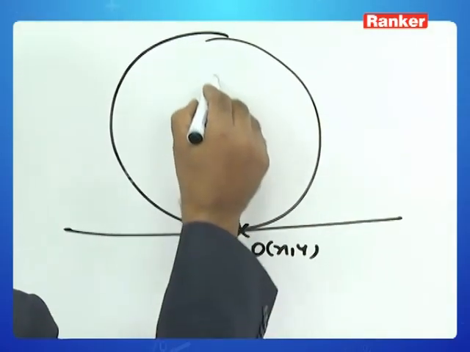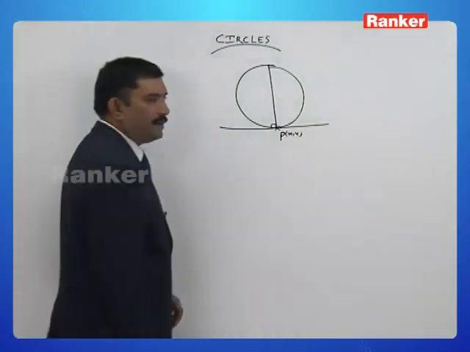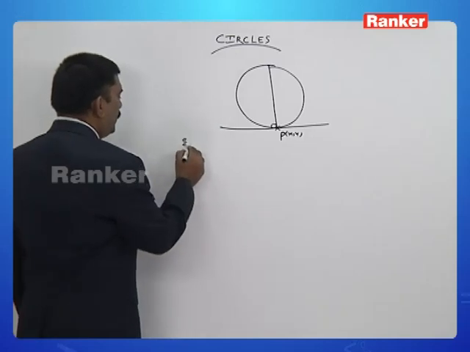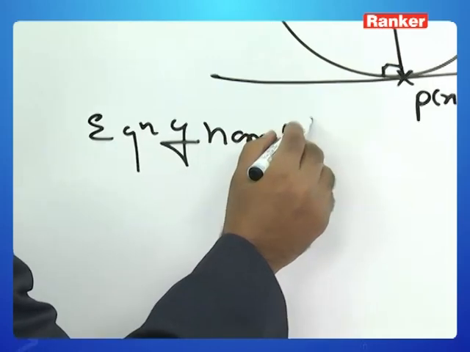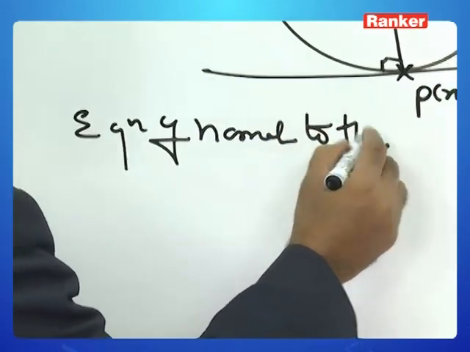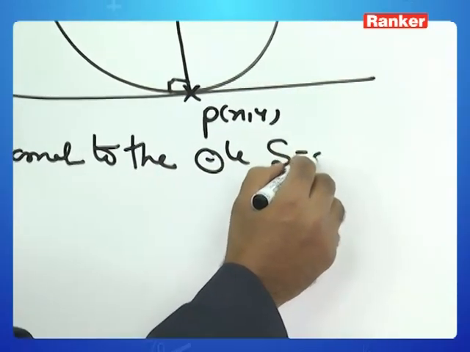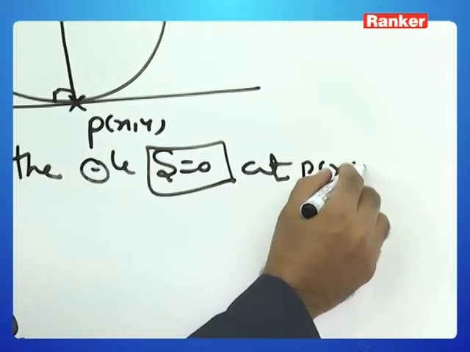Any line perpendicular to the tangent is called a normal. The equation of normal to the circle s is equal to 0 at P of x1 comma y1.